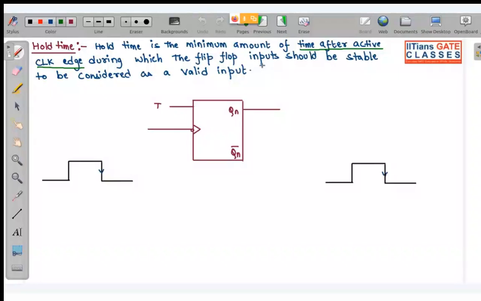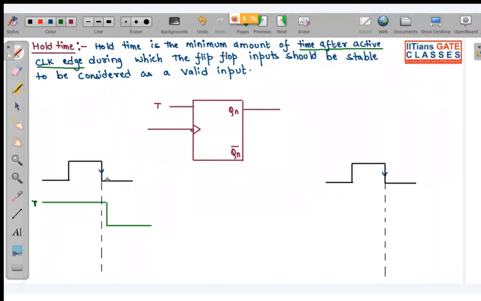Previously, when there was no concept of hold time, suppose this was the T input.